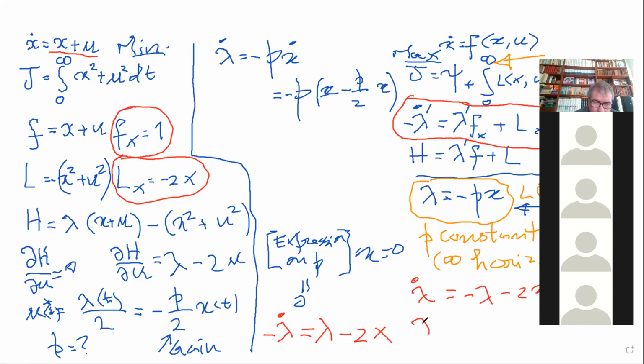So lambda dot is p x minus 2x, right? I replaced lambda by minus p x. There was a minus, so it becomes plus.